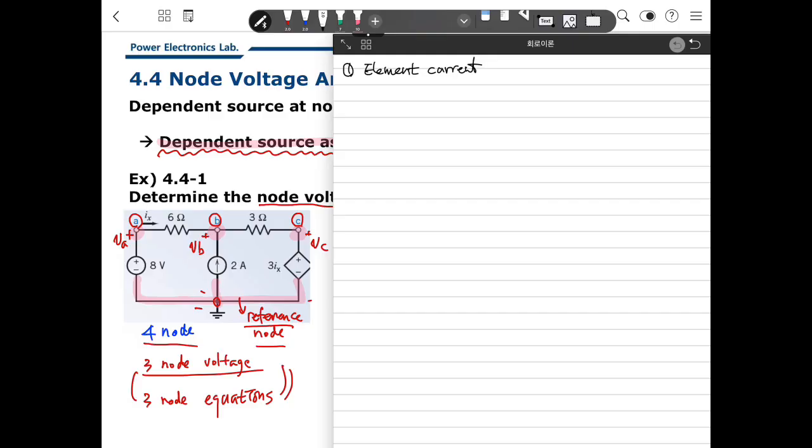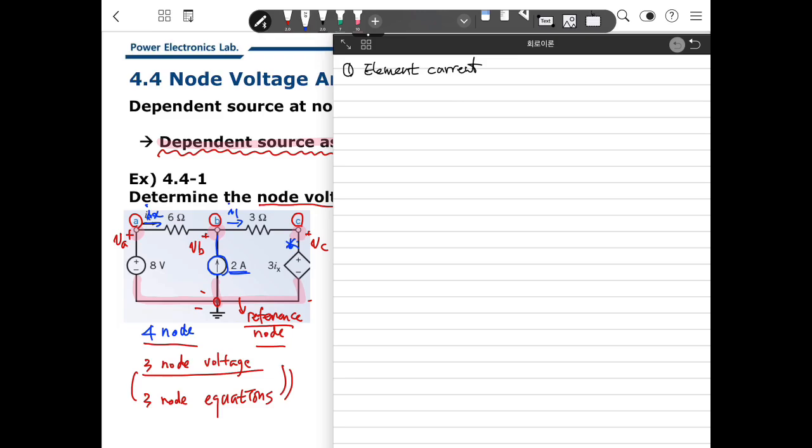At first, this is Ix from here, and we don't need to get that current because it is a current source, so we can define it here. And we need to know this current here. I want to define the current name as I1. Actually we cannot define it here because this is a source.